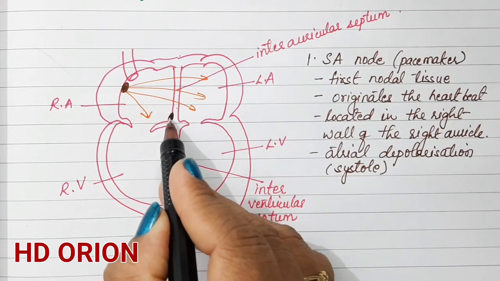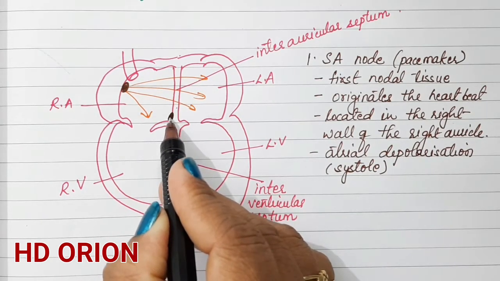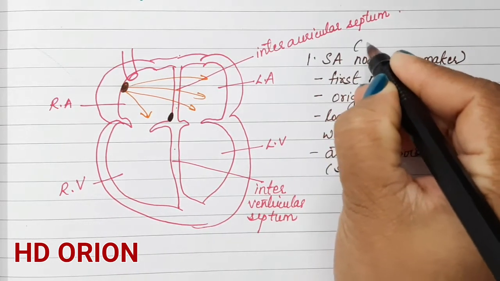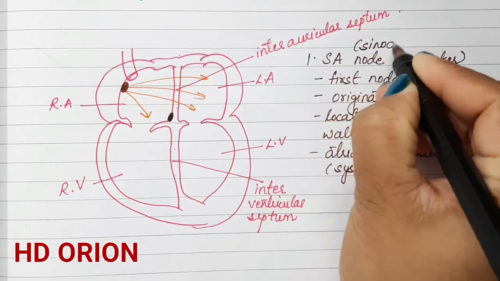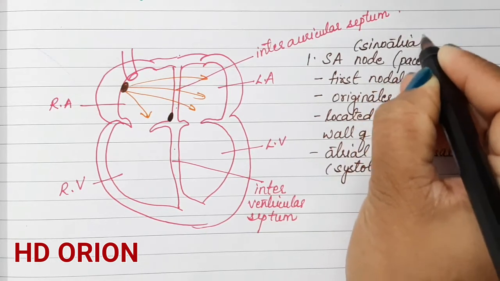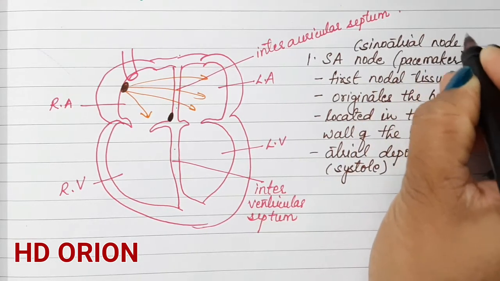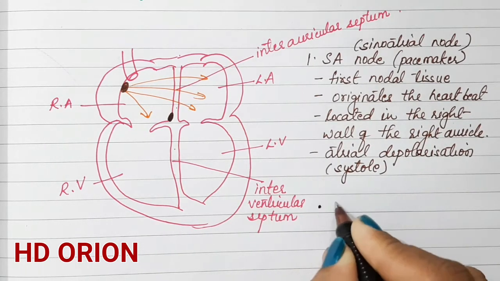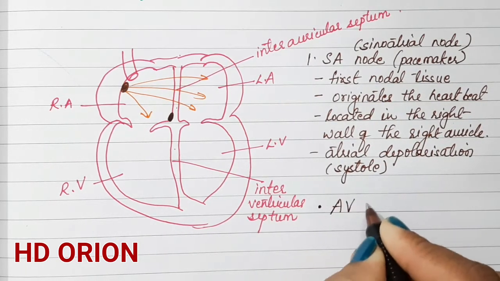The full form of AV node is auriculoventricular node, while the full form of SA node is sinoatrial node. Let us come to the second node now, the AV node.